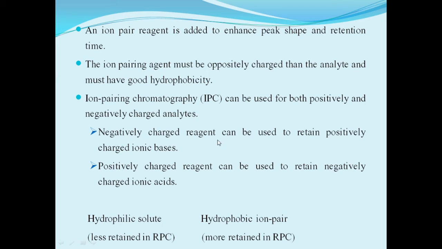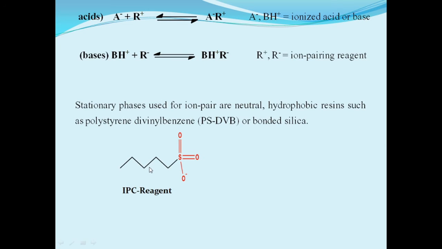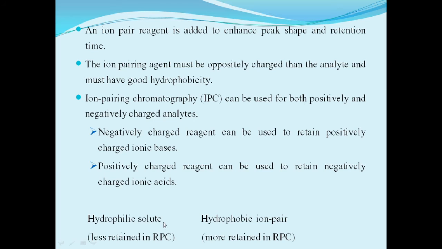Negatively charged reagent can be used to retain positively charged ionic bases, and positively charged reagent can be used to retain negatively charged ionic acids. I already told this sentence previously. Here, hydrophilic solutes are less retained in reverse phase chromatography.